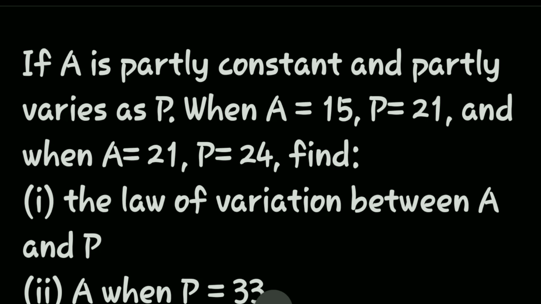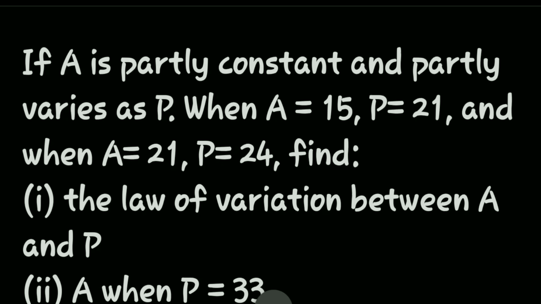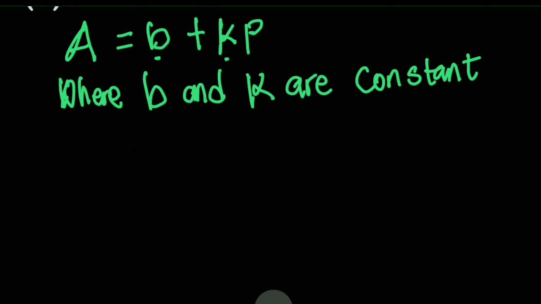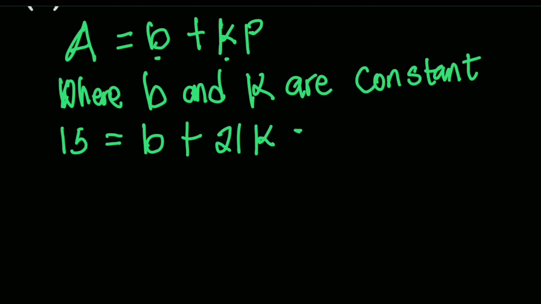When A equals 15, P is 21. So we are substituting. When A is 15, we write 15 equals B plus K times P. So if P is 21, that would be 21K. So let's call this equation 1.